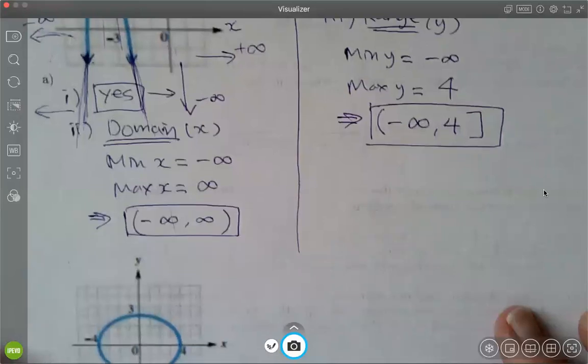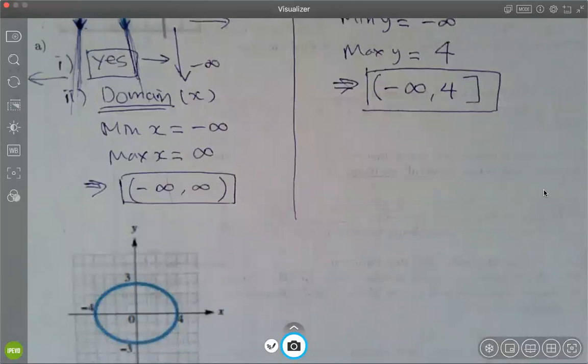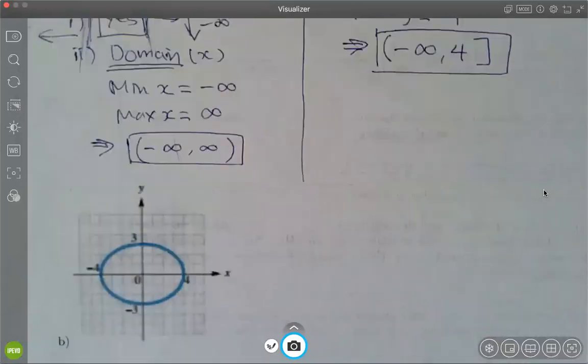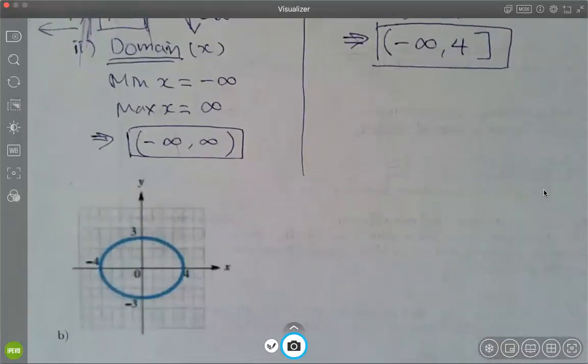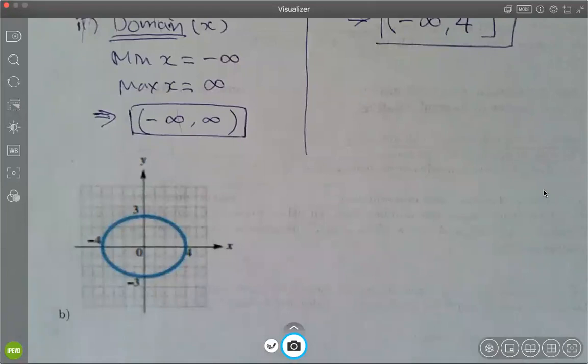Now, part B. So now the graph changes. What is the name of this graph? Circle. Be careful, it's not a circle. Do you see why? If it were a circle, what should be the fact?